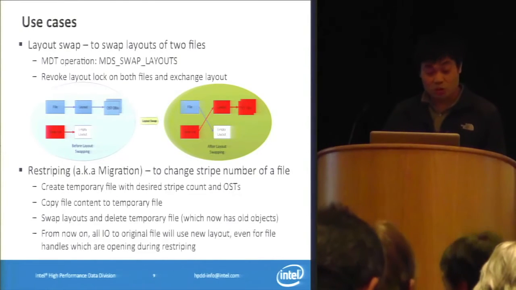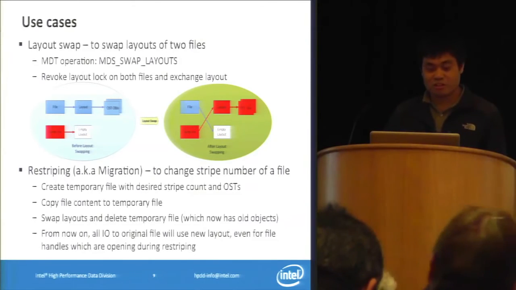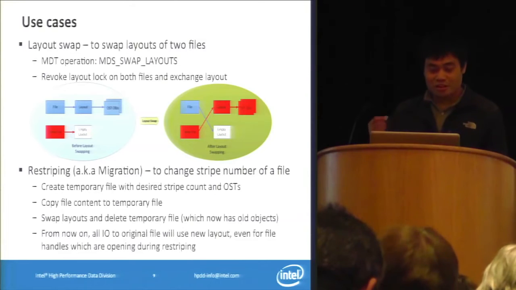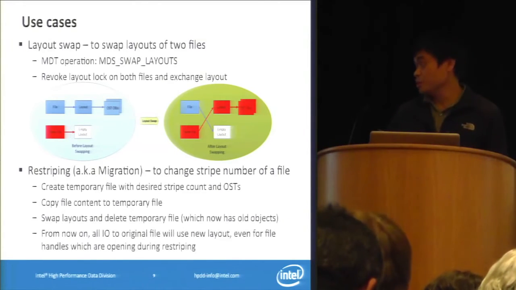This actually happens in an atomic transaction, and the temporary file will be deleted soon, so that your temporary file along with OST objects will be deleted on the MDT side.